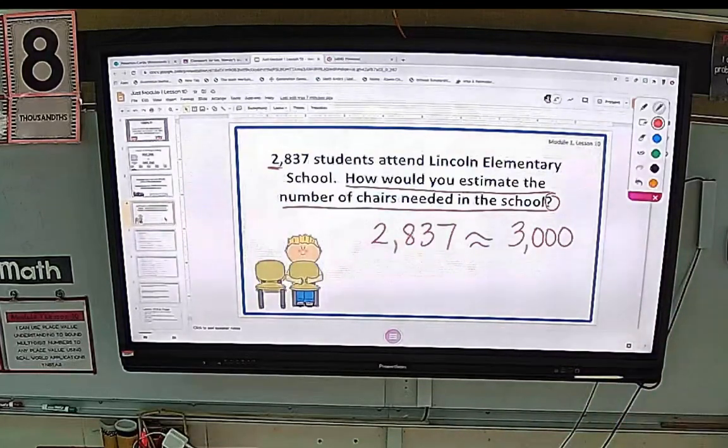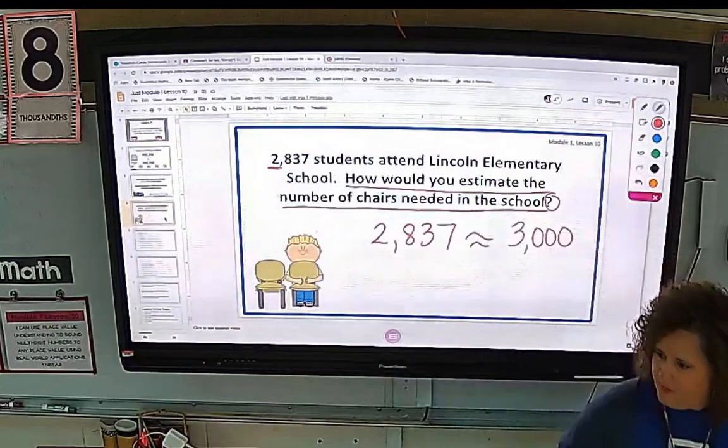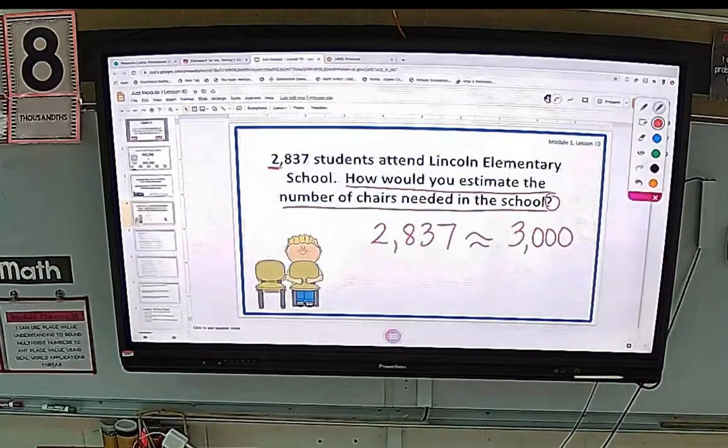Would we be safe and have plenty of chairs if we bought 3,000 and there was this many students? Yes. Yes, we would even have a few extra, wouldn't we? Which is good because sometimes chairs break, more students come, lots of reasons. All right, now this isn't printed up here, but I want you to see something.